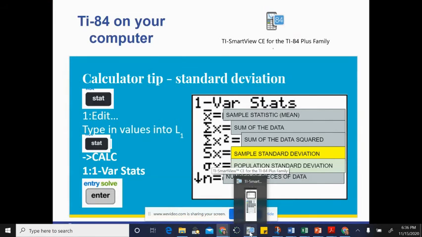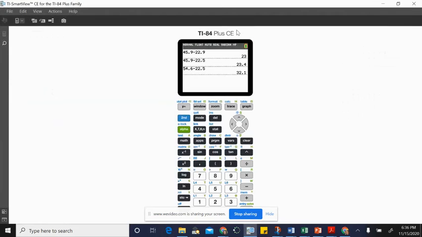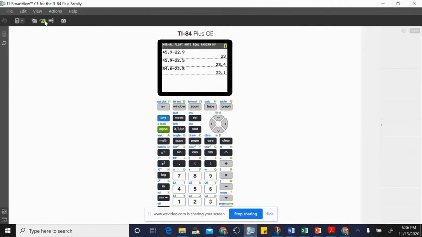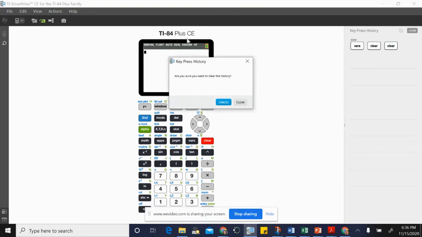Okay, so once you open up the TI Smart View, you can make it look lots of different ways. This is one way. If you just push to different views, there's stuff on the right side. If you hit this, it'll record every button that you push, a history of it. I'm going to hit clear and clear that history.